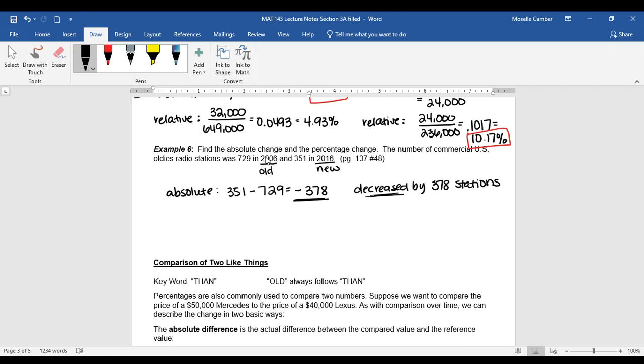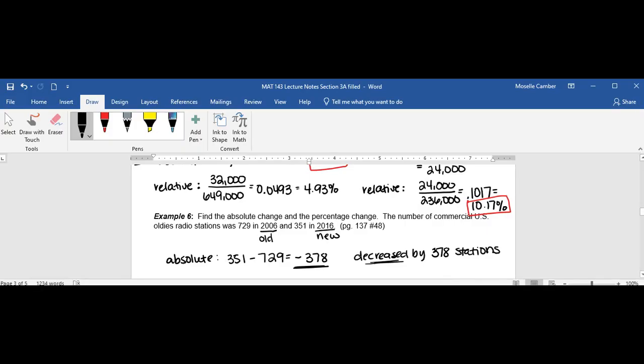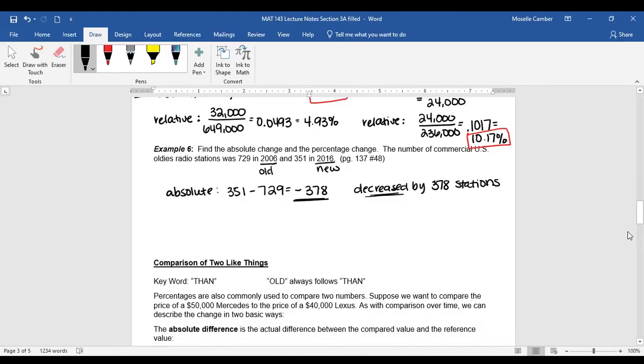Now the percentage change. Sometimes it'll say percentage, sometimes it'll say relative. It's all going to be the same thing. So relative is going to be your new minus your old, which is what we just found here, so it's negative 378.